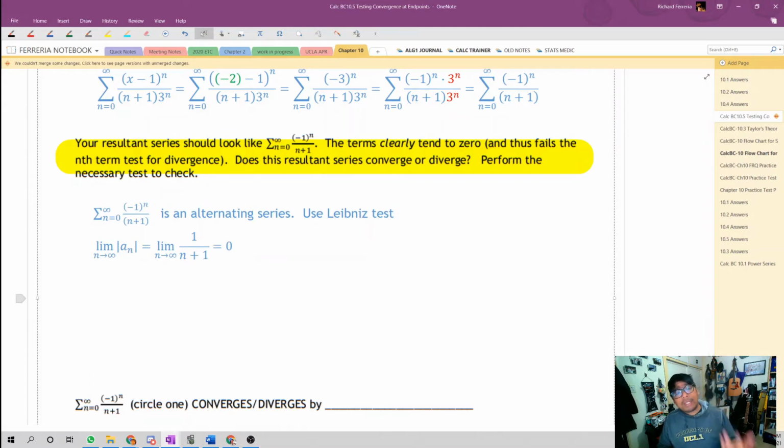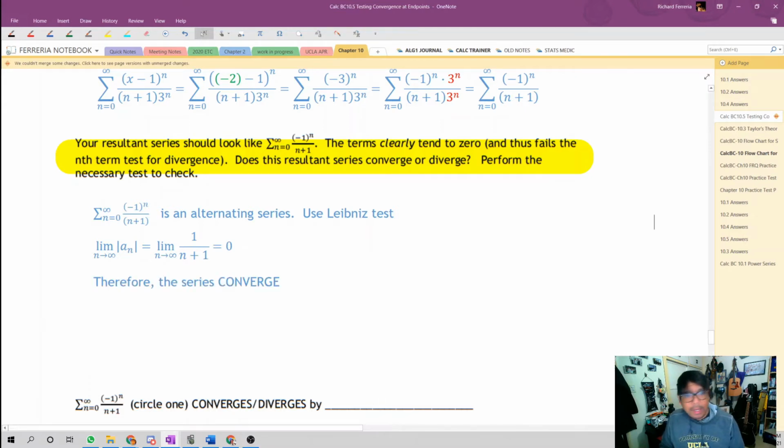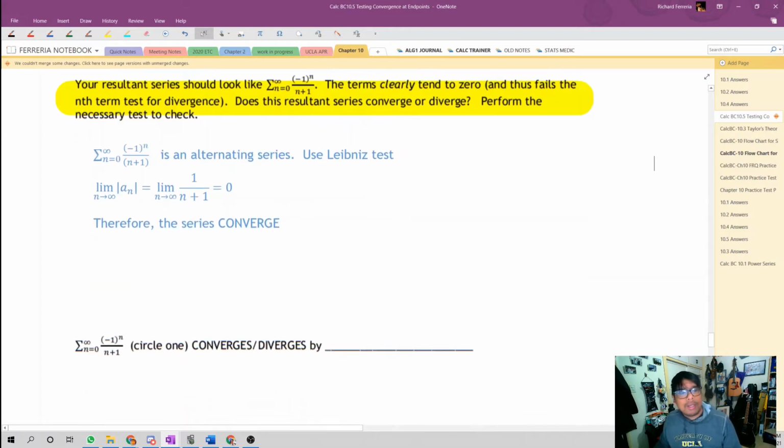And if I get a 0 in the Leibniz test, the conclusion is that the series is going to converge. So we've done the test for the first endpoint. The series (-1)^n over n plus 1 is going to converge by the Leibniz test. Not bad.